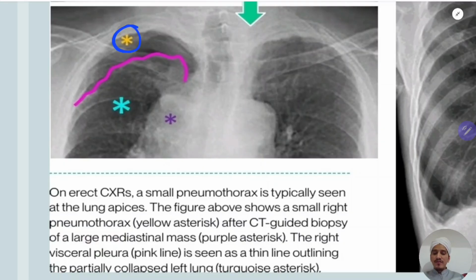That's why there was development of pneumothorax. So it is an iatrogenic pneumothorax. CT guided biopsy for a large mediastinal mass. Sorry, it is not lung, it is a mediastinal mass. The right visceral pleura, pink line, this is the pleural line, is seen as a thin line outlining the partially collapsed lung.